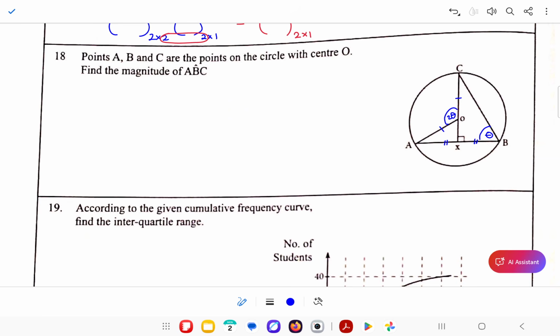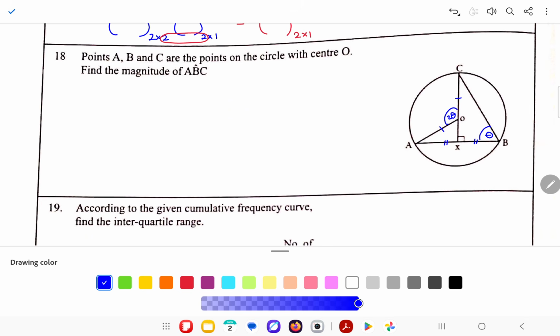That is just a radius, so isosceles triangle AOB, angle AOB 2 theta. How to do this?